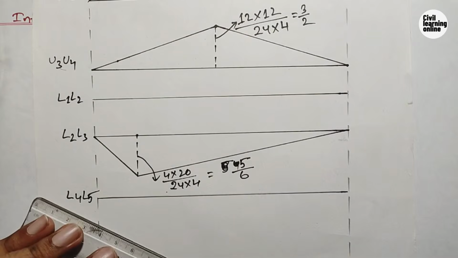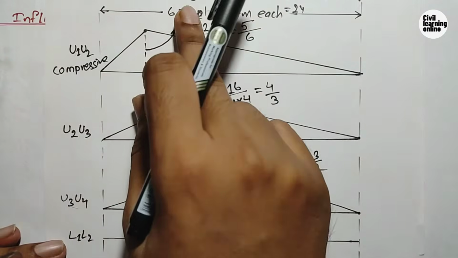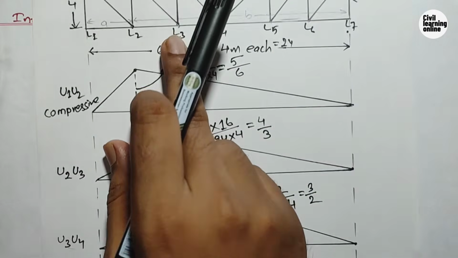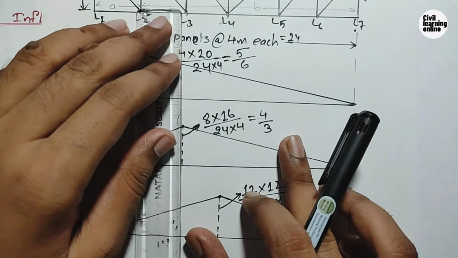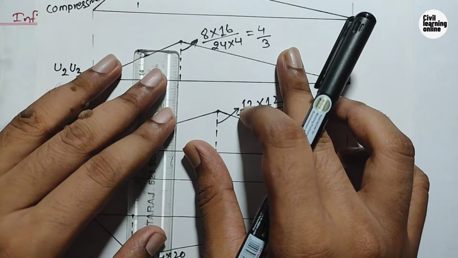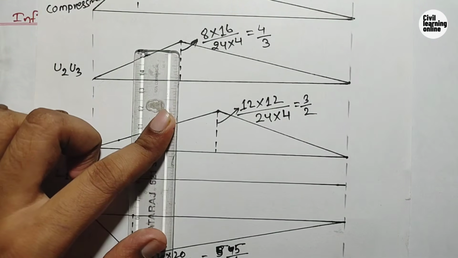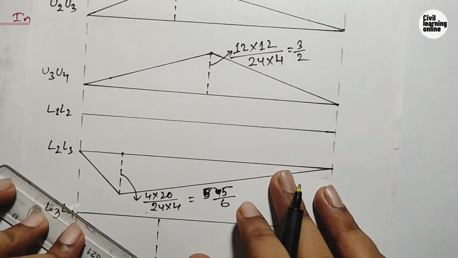And now guys, if we draw the influence line diagram for L3 L4, then L3 is starting from the node L3 here. If you have a look here, then what we need to do is draw a dotted line from L3. Then on doing so, we will reach here, and after here join this.